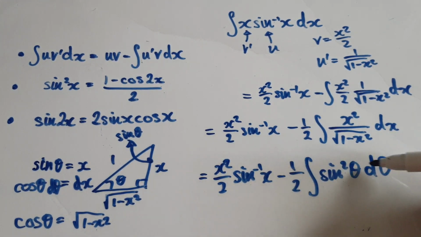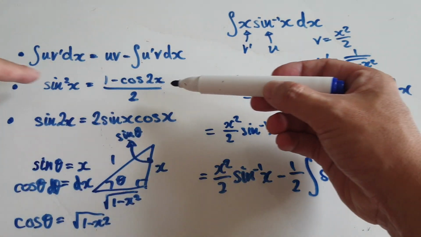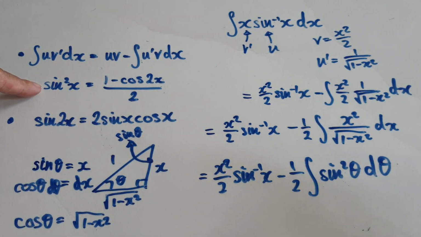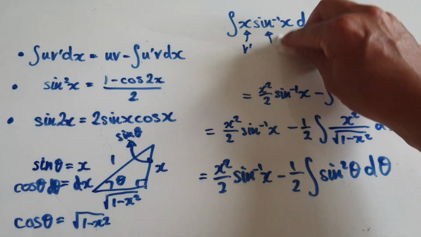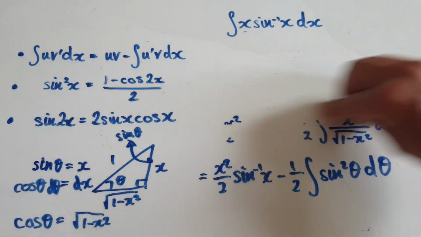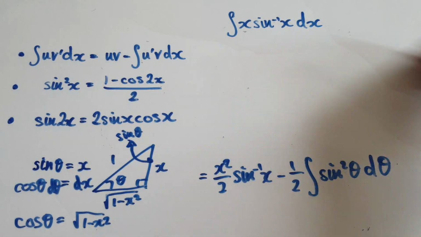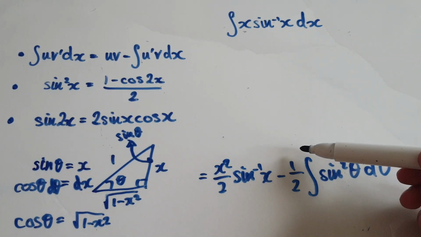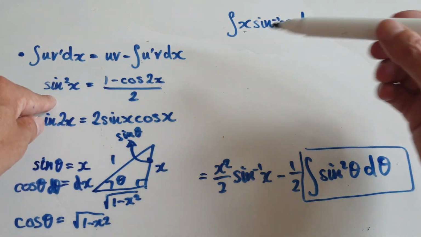To integrate sine squared, remember it's kind of difficult, so we will always jump to this identity. Hang on, let me clean this up. To integrate this sine squared, we would use this. I'm expecting you to know this.